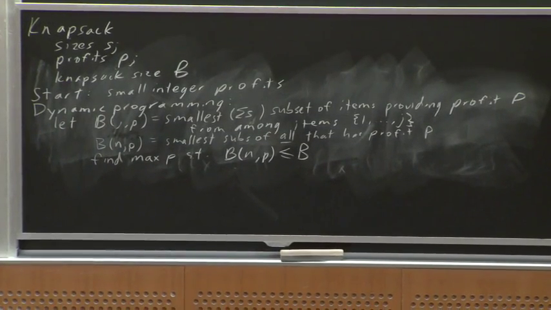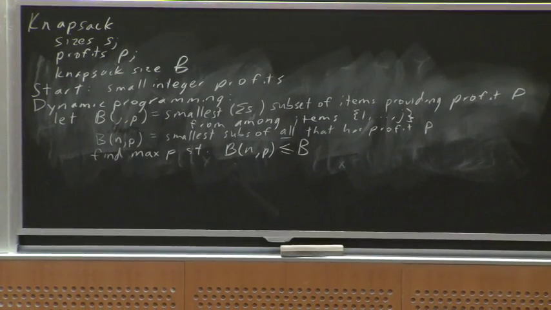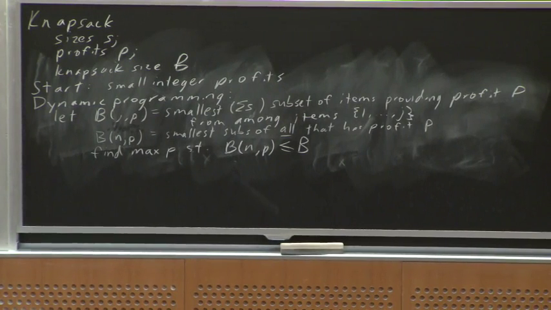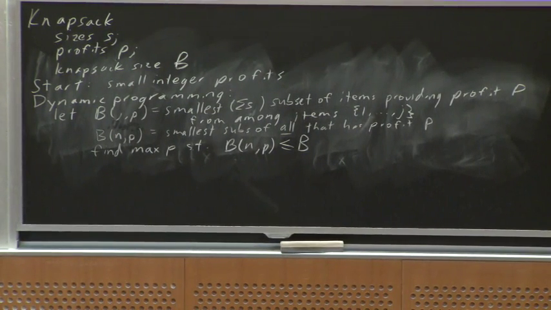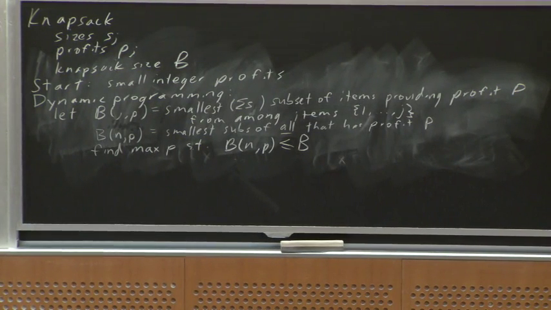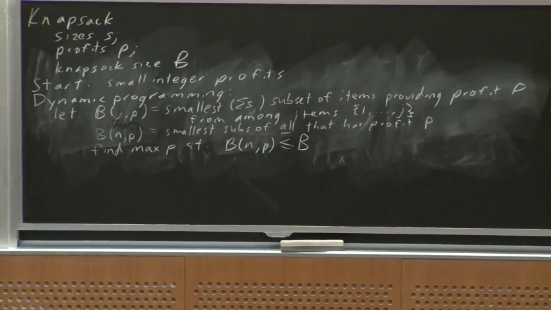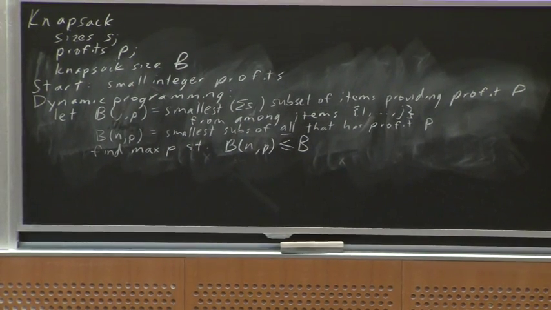So this tells me that all I need to do in order to solve the knapsack problem is fill out this table of B(j,P) values, and then I can just read off my optimum, right? So how can I fill out this table of B(j,P) values? Yeah?